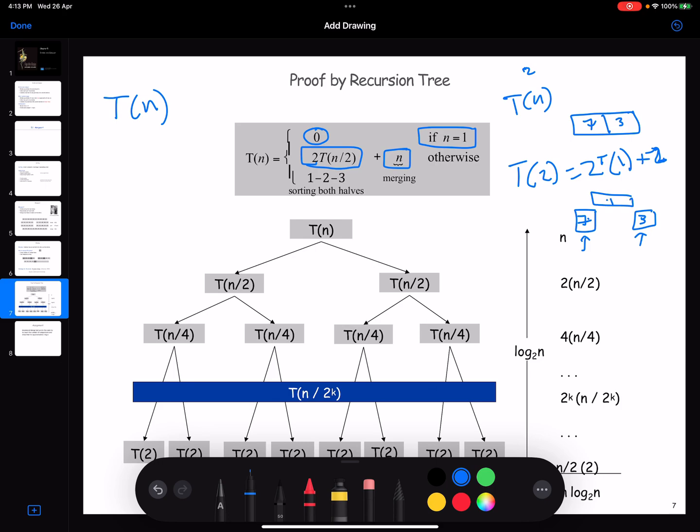So in total, I need two operations to merge them. T of 1 in this case is 0, so I don't need any operations here. I just need the operation to merge the two elements. So T of 2 in this example is just 2. Okay?